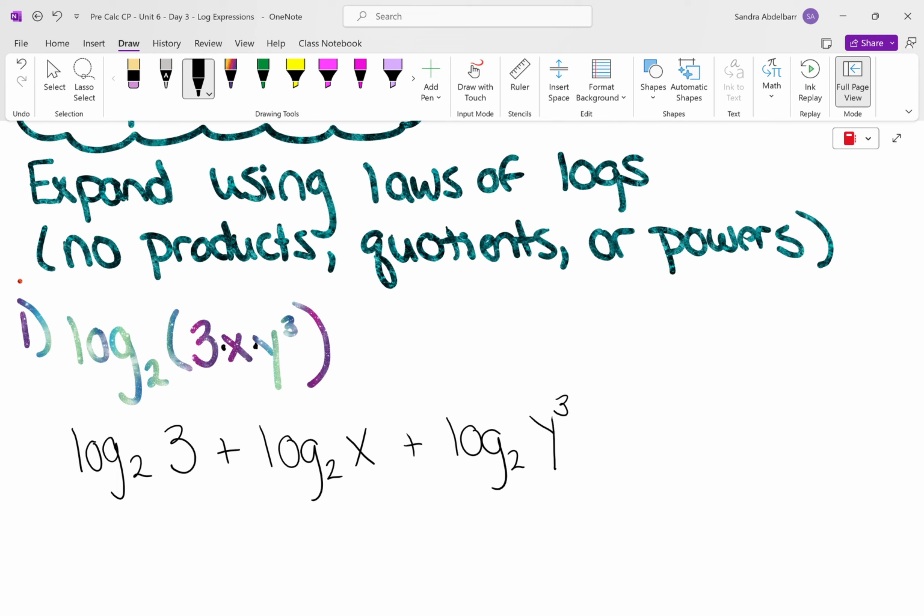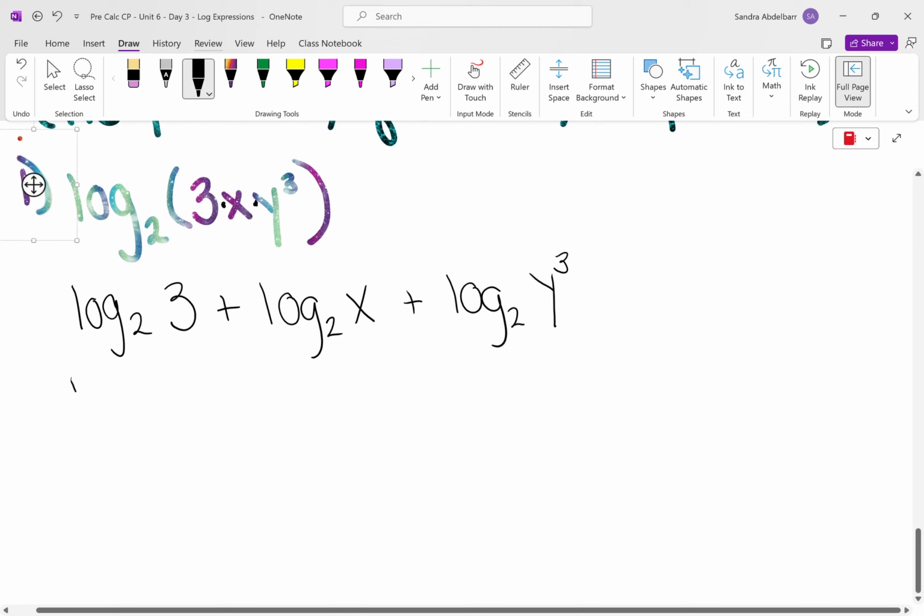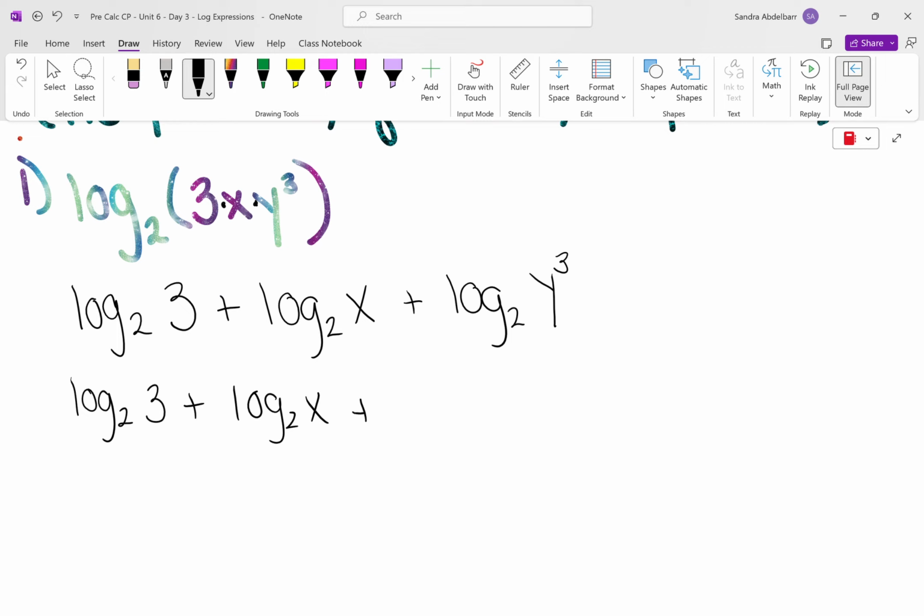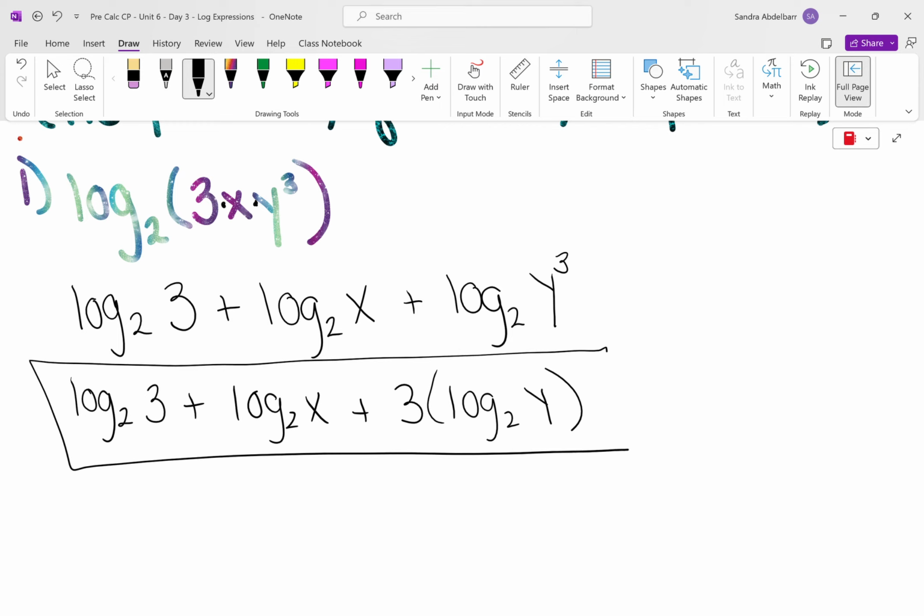Now that 3, I'm not going to bring it in front of everything. That 3 only belongs to the y, right? So it's only going to go in front of the last log base 2. So we are now log base 2 of 3 plus log base 2 of x plus 3 times log base 2 of y. Now we have expanded it all. That's all it is. Next one.